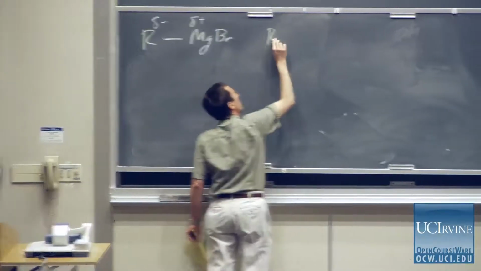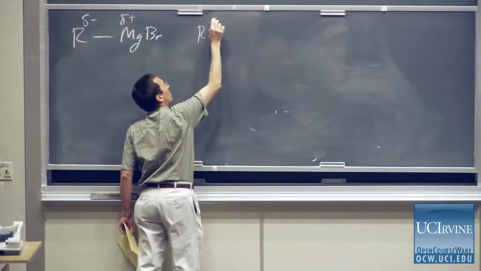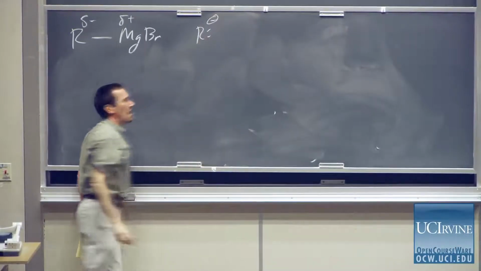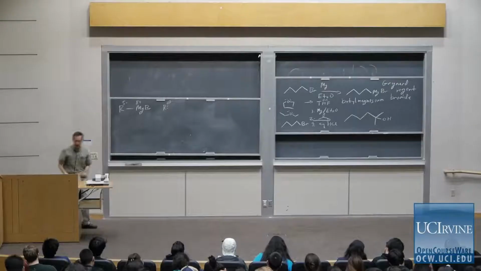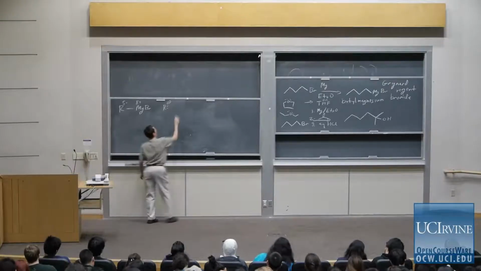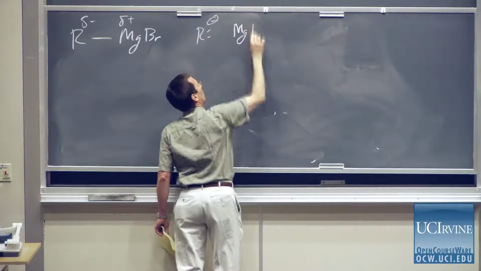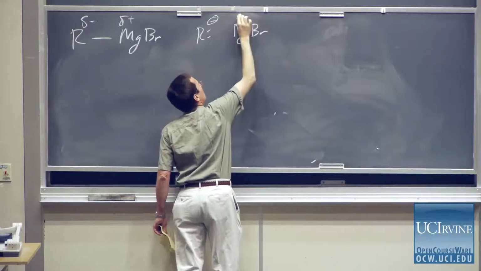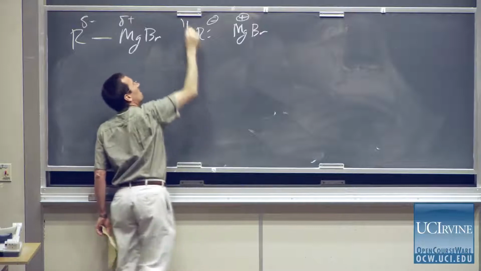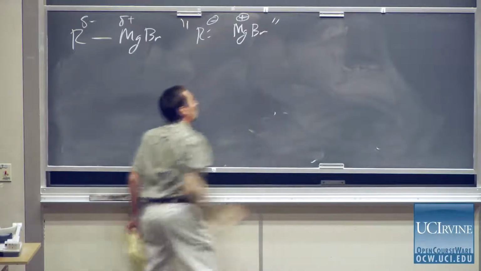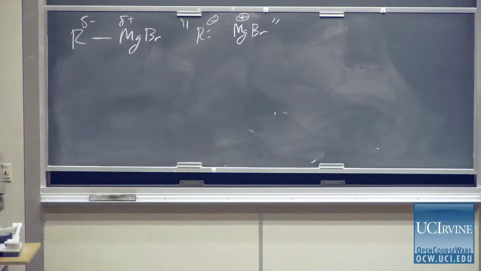Sometimes if you're writing a mechanism and you want to be quick about it, you could say, well, I'll write a non-bonded resonance structure. Even though I know it's primarily a covalent bond, I could write an ionic bond resonance structure. So we could think of it as this. Maybe I'll put this in quotes here just to remind us this is sort of our thinking.